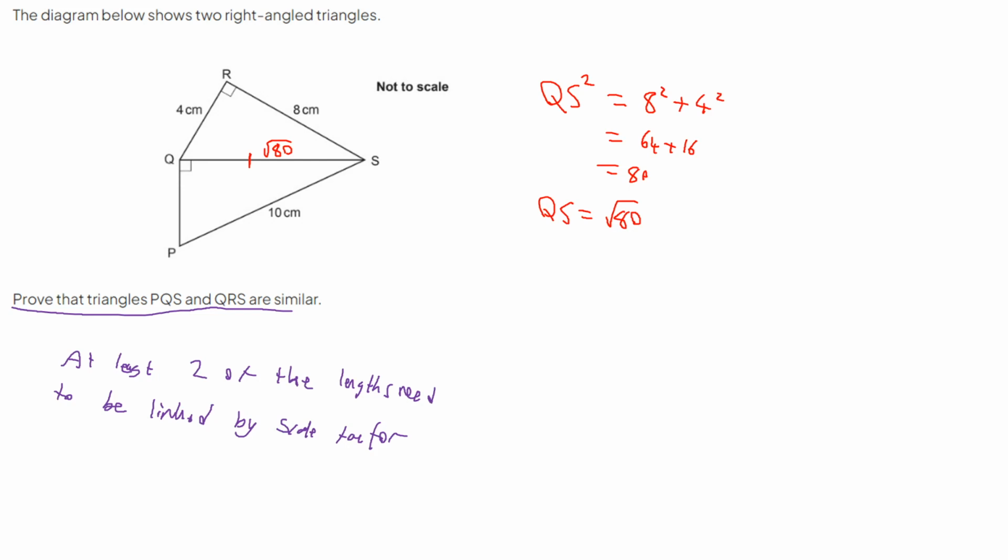Now, we can check out the scale factor. So let's look at the hypotenuses of both of these examples, right? PS and QS should be similar, as they are the hypotenuse.